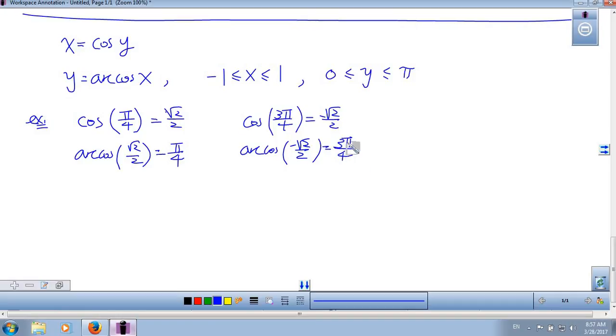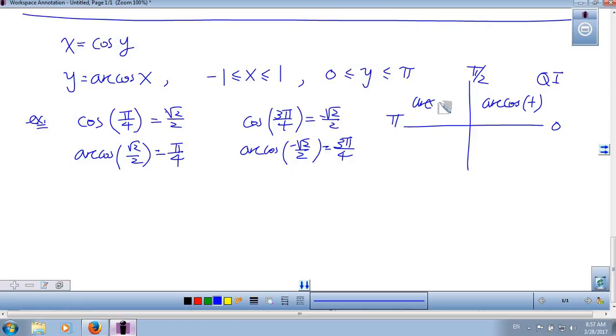Now, pay attention. When we do arccosine of a negative number, the angle returned to us is in quadrant 2, because arccosine goes from 0 all the way to pi. So if the input is positive, I will get an angle in quadrant 1. But if the input of my arccosine is negative, it will return an angle in quadrant 2, because remember, in quadrant 2, cosine is negative.